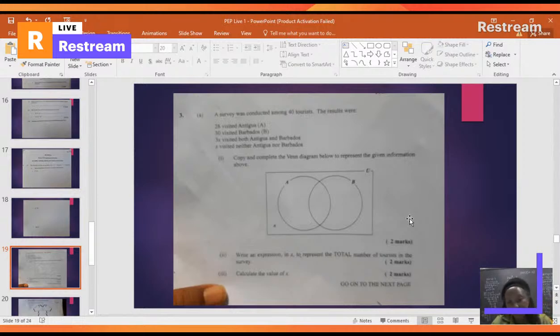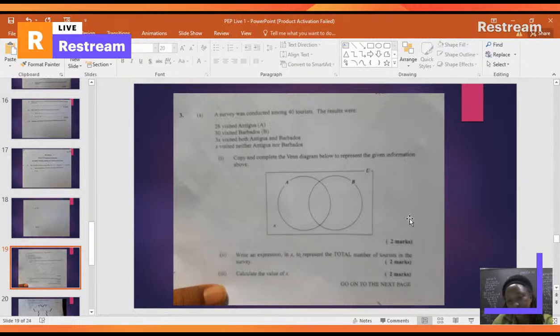So let's go from the top again for that. Let me read it again because this one is a little blurry. It says a survey was conducted among 40 tourists.